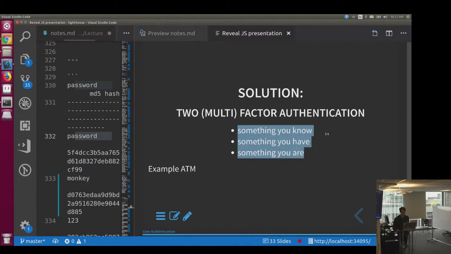So the examples are something you know, that might be a security question, or even a password. It could be something you have, something you are. Could be your location. It's hard to think of factors after that.